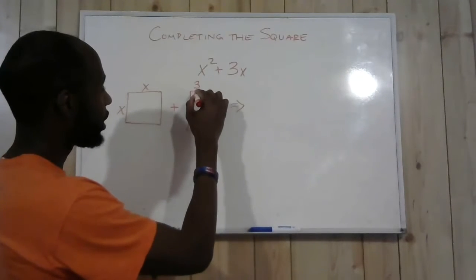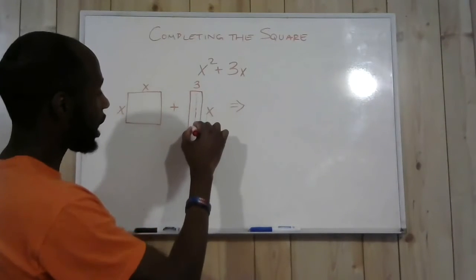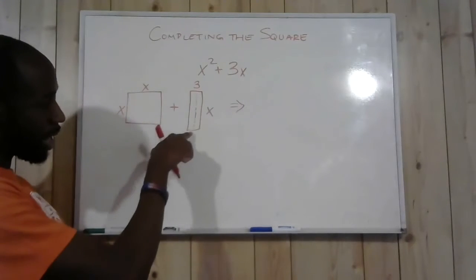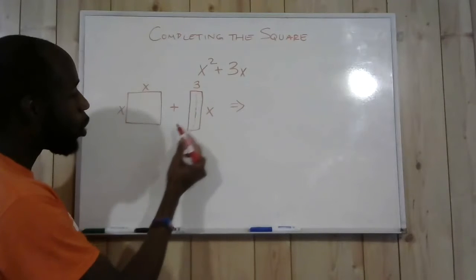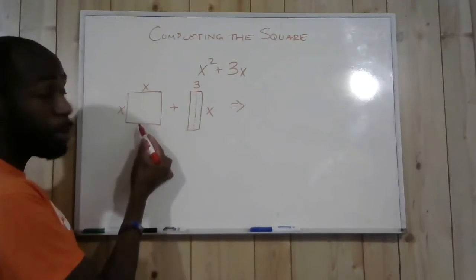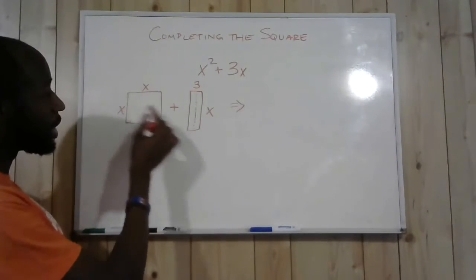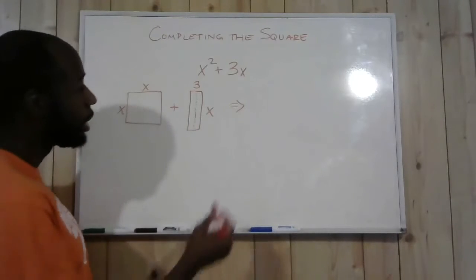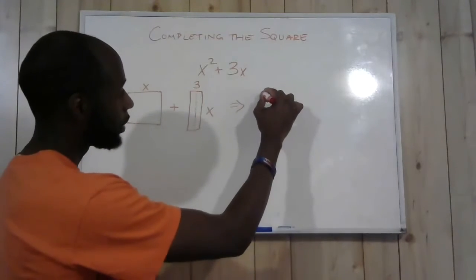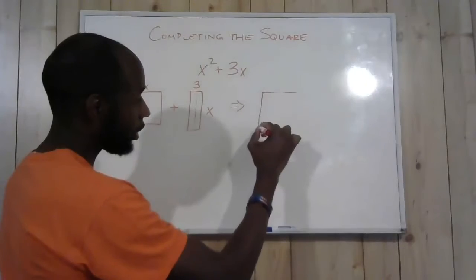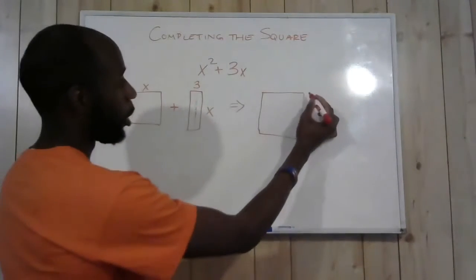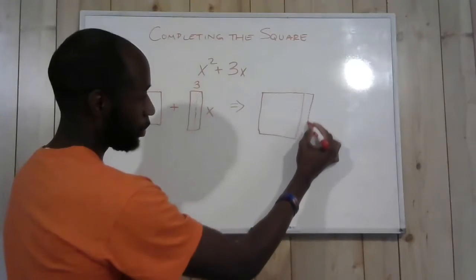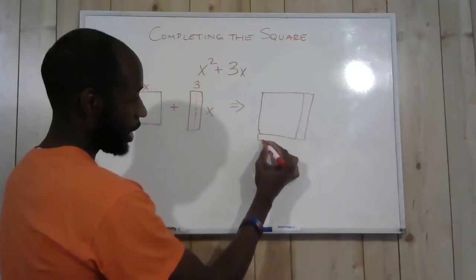So let's say to add it together, we sliced that little rectangle in half, and we added one piece here and one piece here. And that's important because you want the sides to be of equal length. You'll see what I mean. So when you add those together, you have the original square, I know it's not perfect, plus this piece here, and then this piece here.